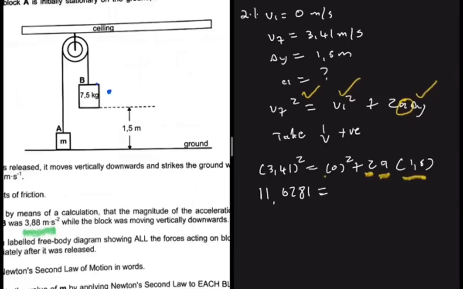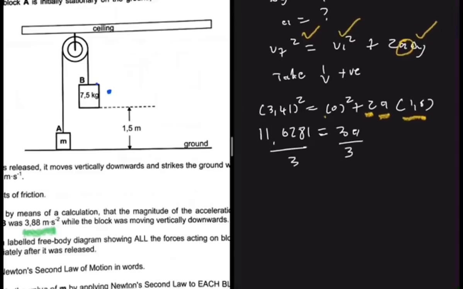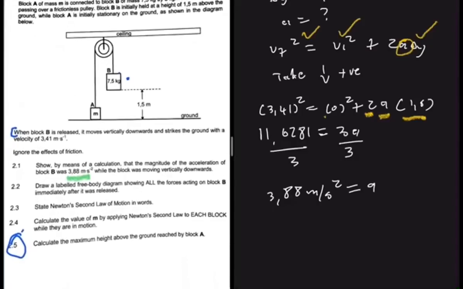That is equal to 3A. So if we divide both sides by 3, we find our acceleration is equal to 3.88 meters per second squared, right? And that's exactly what we are asked to prove. So for our answer for 2.1, we're quite confident we're doing the right thing.